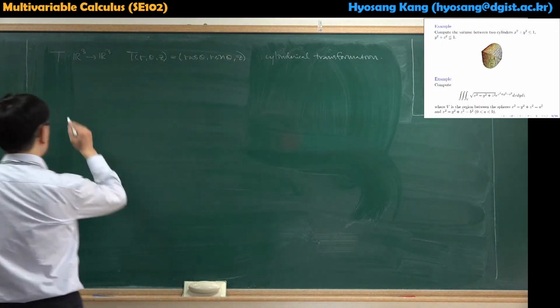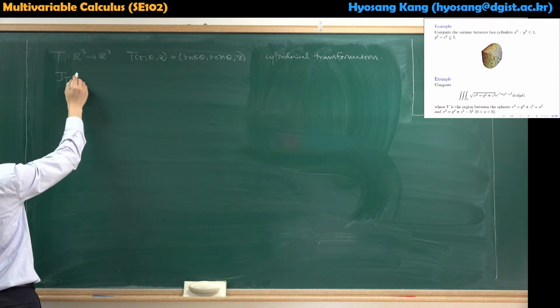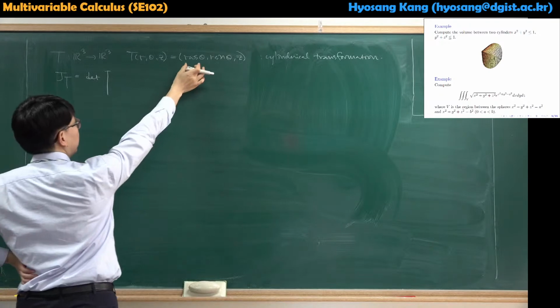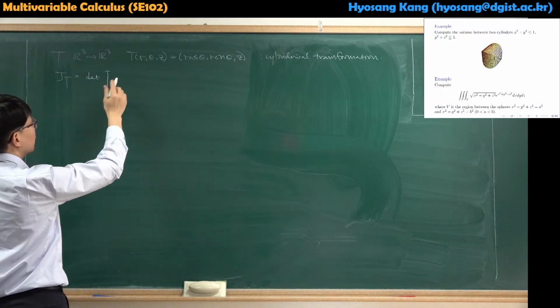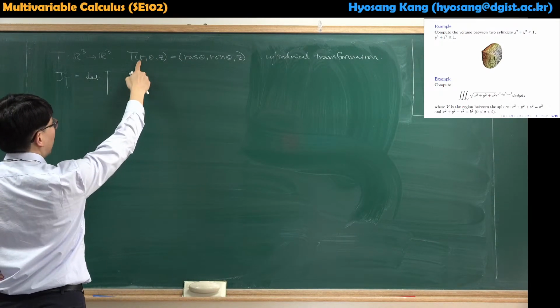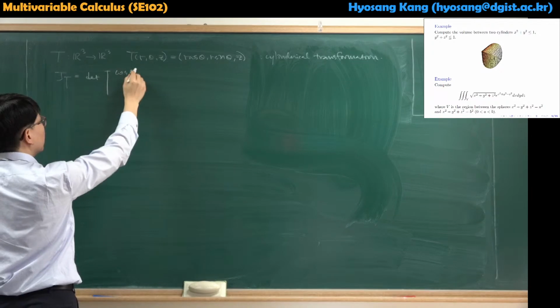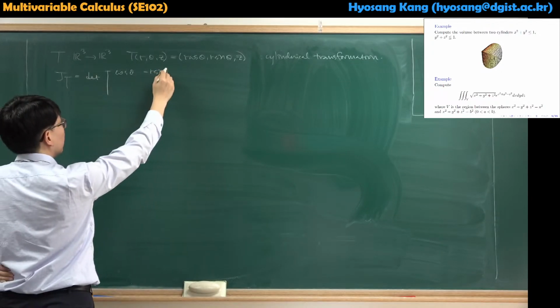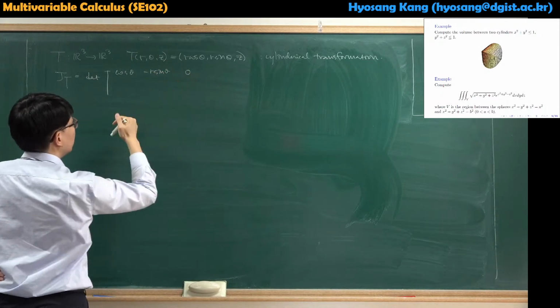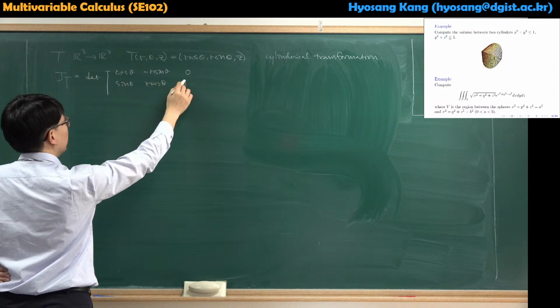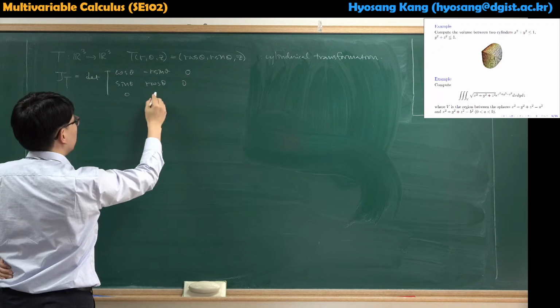So let's try to compute the Jacobian first. The determinant of, first take the x here, so r, and then take the partial derivatives in terms of r, theta, z in order. So we have cosine theta, minus r sine theta, 0 because there's no z here, and sine theta, r cosine theta, and 0, and the last row is 0, 0, 1.